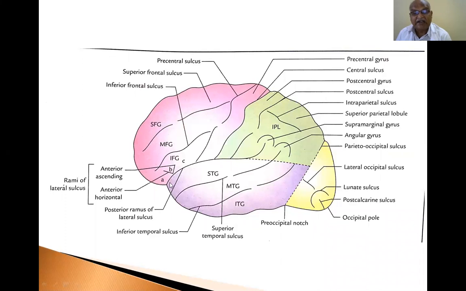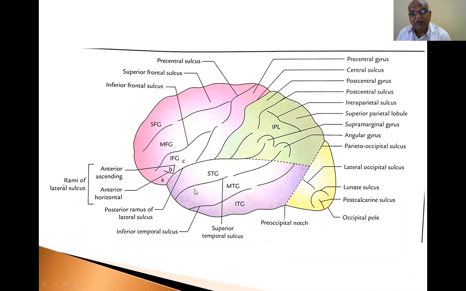Now this is the lateral sulcus, dividing the frontal lobe and temporal lobe, and extending back and diverging into 1, 2 rami.